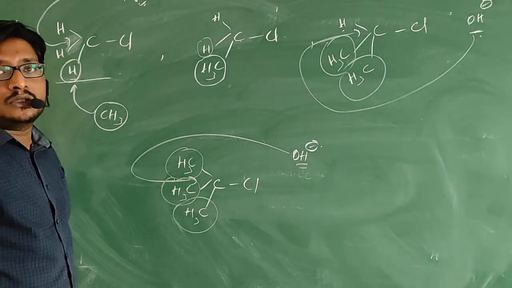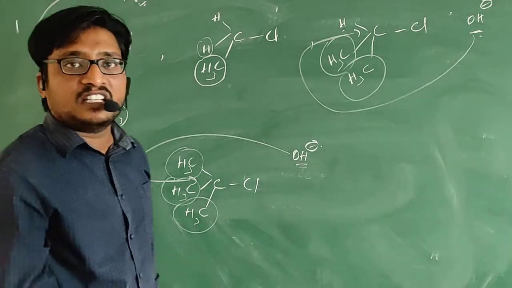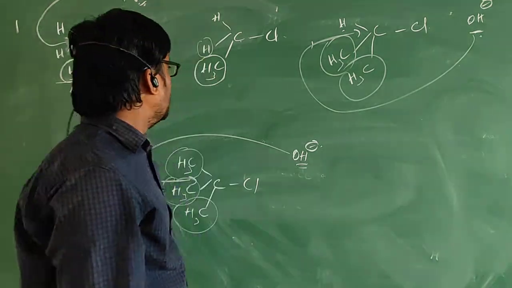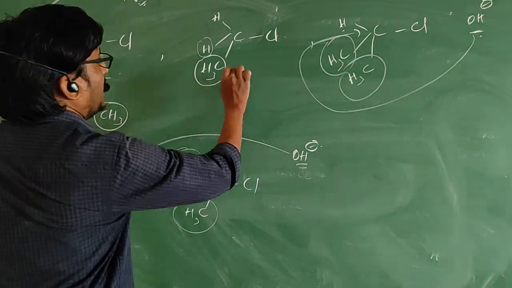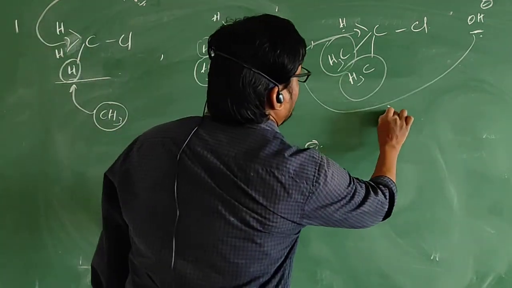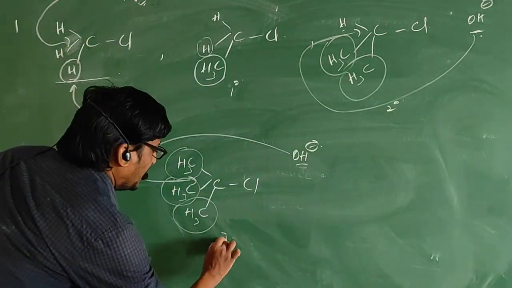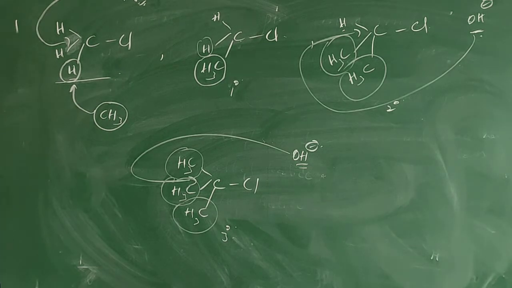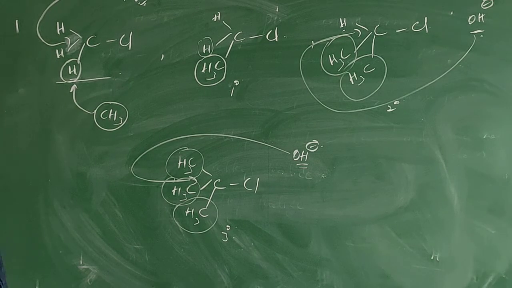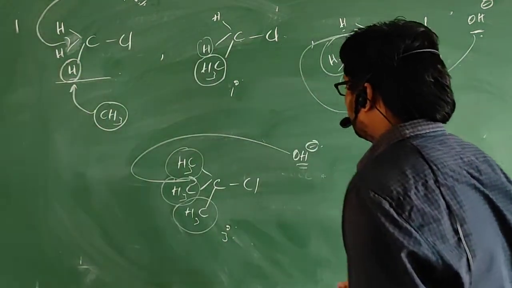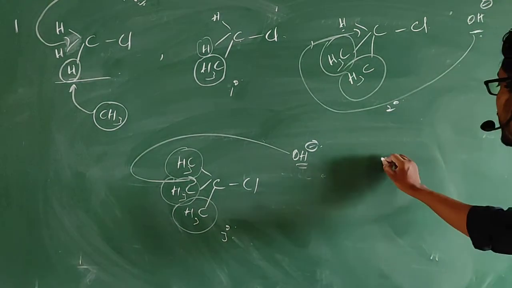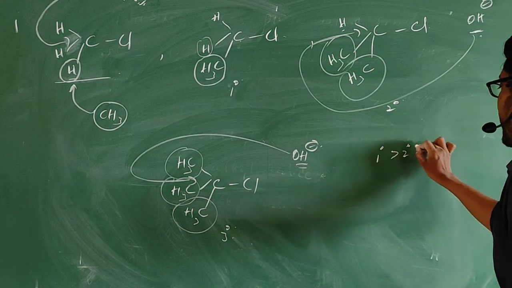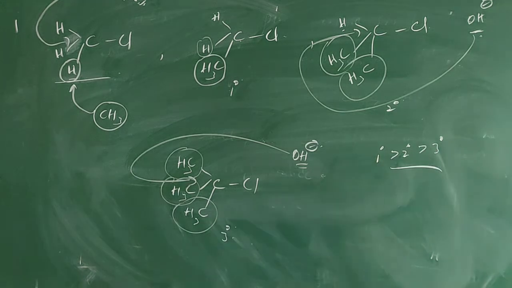So the reaction will be further slow. Here this is a primary alkyl halide, this is a secondary alkyl halide, this is a tertiary alkyl halide. The rate of reaction will be primary greater than secondary greater than tertiary. The reason is steric hindrance.